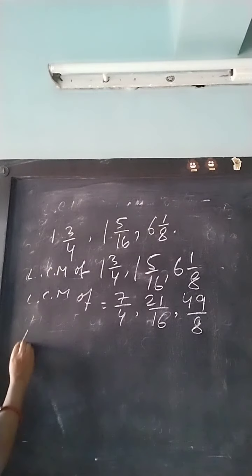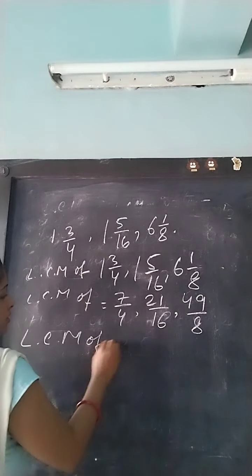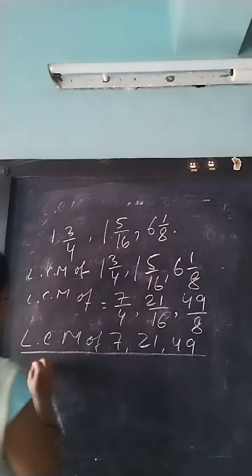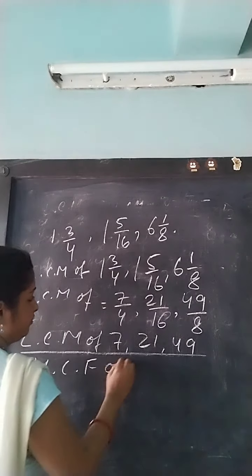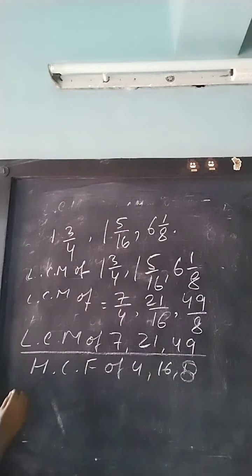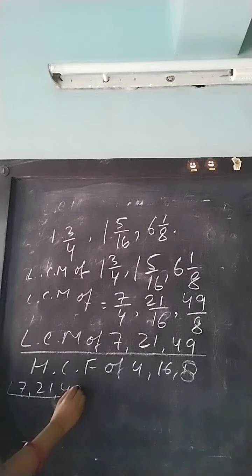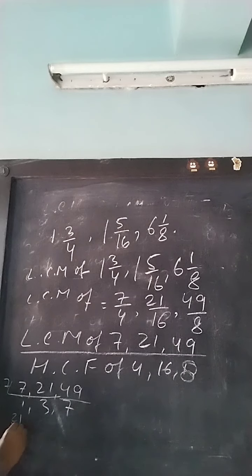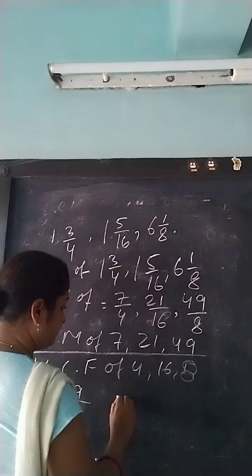That means LCM of 7, 21 and 49 by HCF of 4, 16 and 8. Now separately you do the LCM of 7, 21 and 49, which is 147.